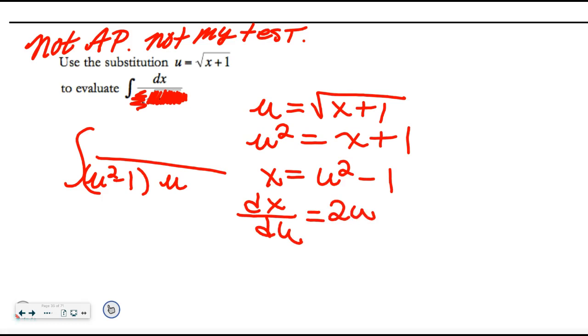So what's dx? 2u du. It's the weird one that got weirder, right? But keep in mind just the process that when we pass off to u sub, it's all got to go u, and it must be possible or I won't give it to you.